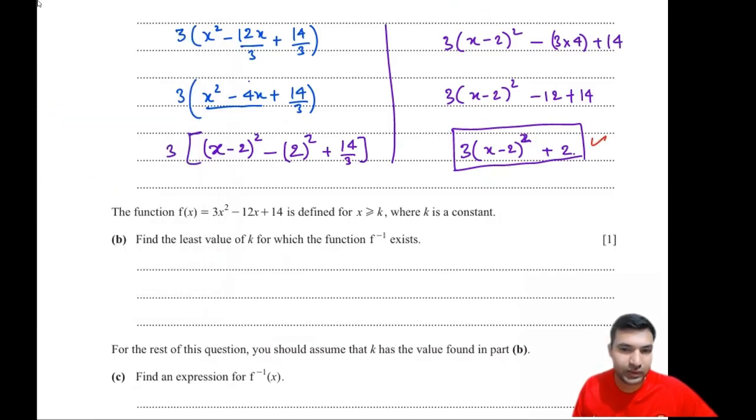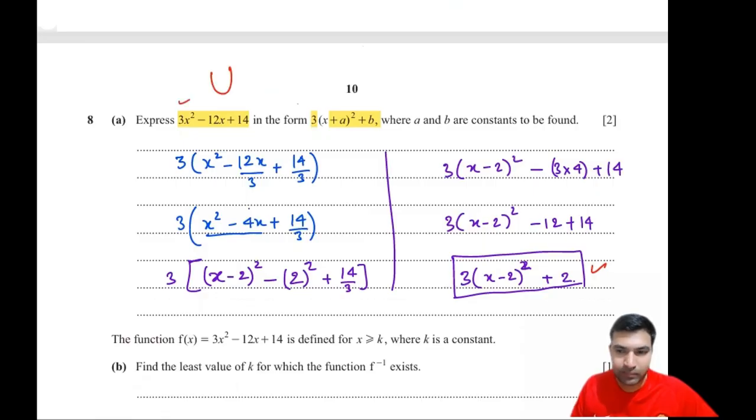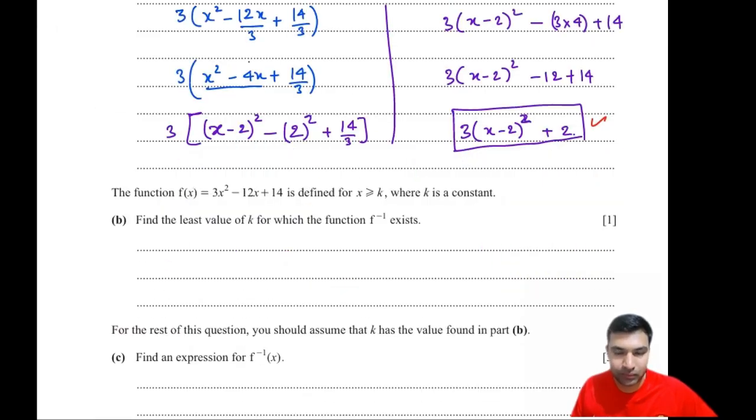So we know that the coefficient of x squared is positive, so it will be a parabola opening upwards, and its vertex is (2, 2). The f inverse will exist when we restrict the domain. This is the axis of symmetry, the AOS.